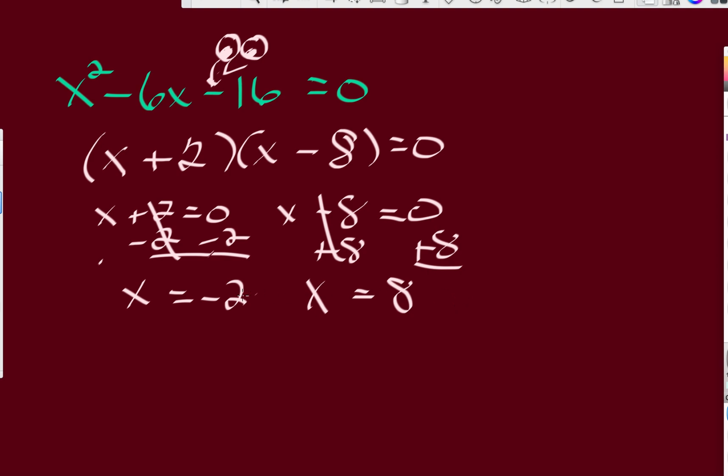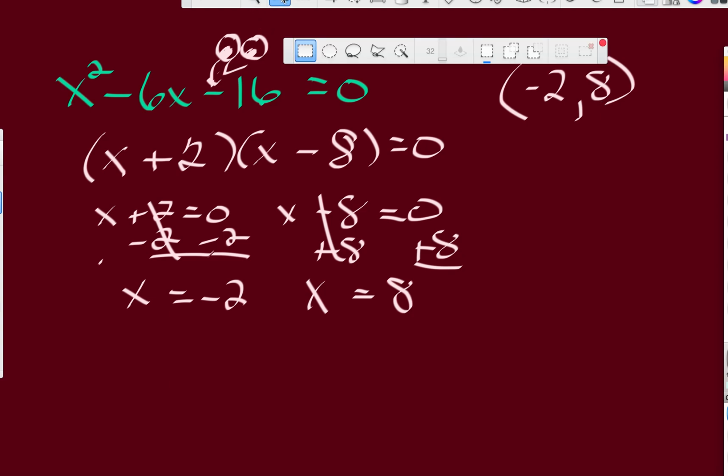So you can either write it x equals negative 2, x equals 8, or negative 2, 8, and put them in as a pair like that. Okay, that's good. There are 4 of those. 1, 2, 3, 4. Super simple.